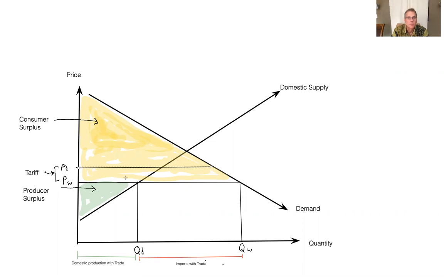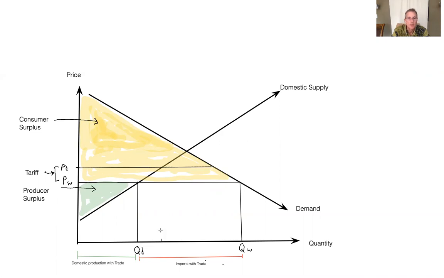This consumer's surplus in this area is going to be chipped away. And what we're going to do here is break that up into 4 sub-pieces and identify what each of those sub-pieces is.